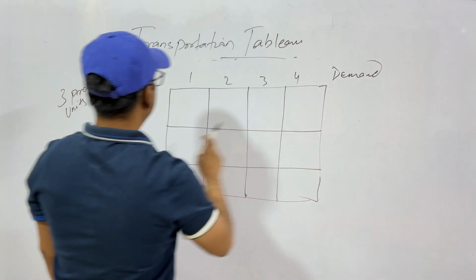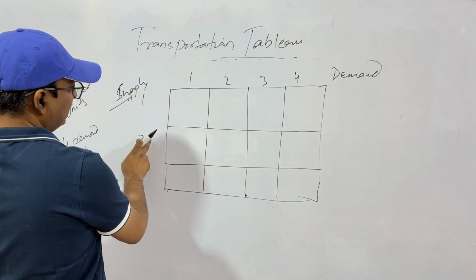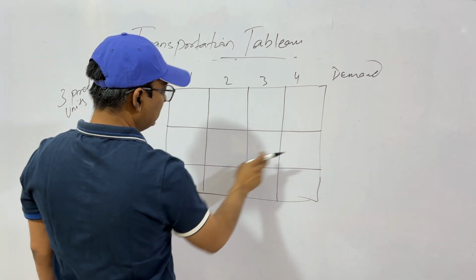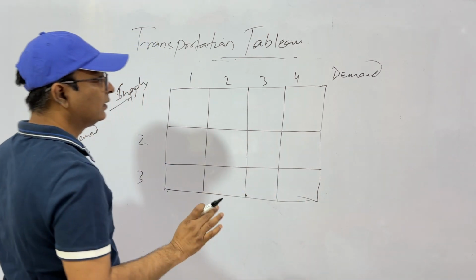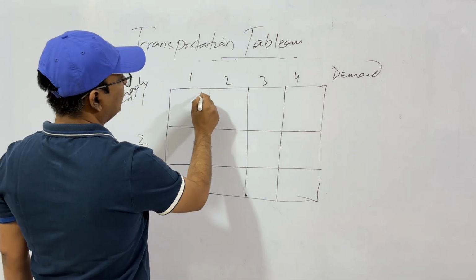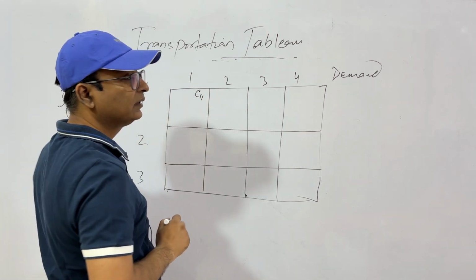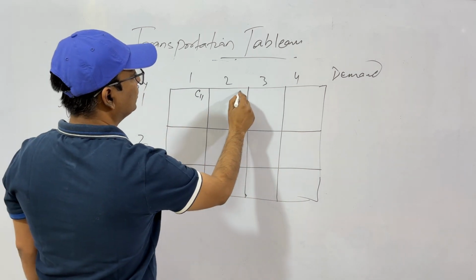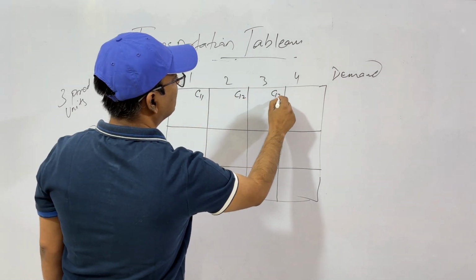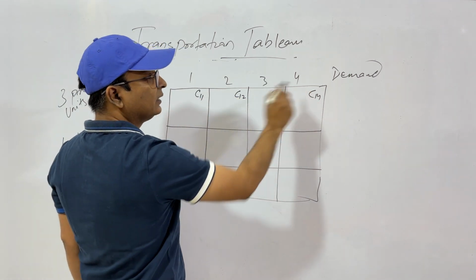The first unit will supply to all 4 demand units, the second production unit will also supply to all 4 units, and the third will also supply to these. This is clear. Now we write the cost of transportation here. From 1 to 1, C11, then C12, C13, C14. If it was rupees 500, we'll write 500, 600, 700, 800.